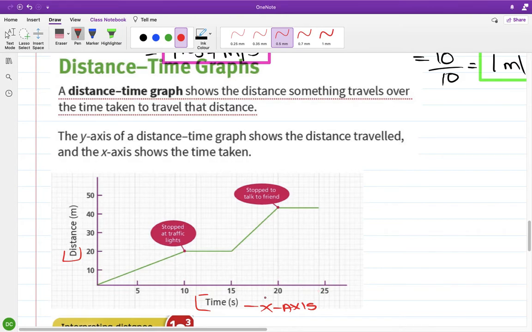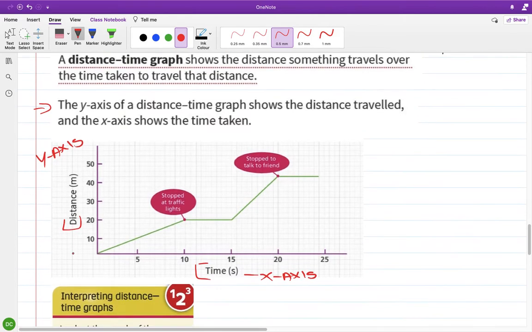So this horizontal axis here is the x-axis, and the vertical one over here is the y-axis. In science, if it's anything against time, distance against time, speed against time, power against time, it doesn't really matter. Whatever you're plotting against time, the time goes on the x-axis. It says that there.